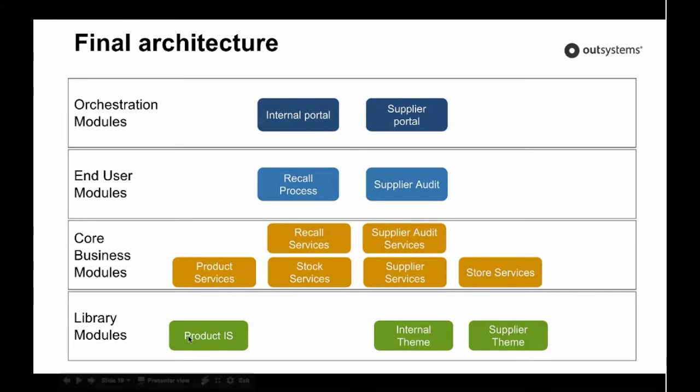So the idea is not putting the name of the system here, because I don't want to make this architecture strongly connected to that specific external system. Okay. So this could be our final 4-layer architecture for this solution.